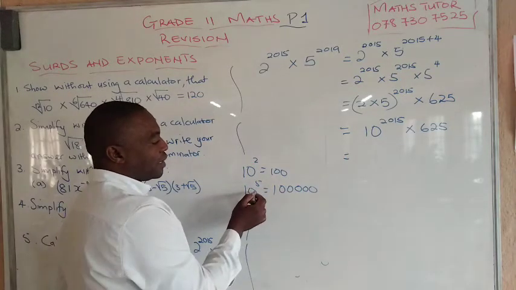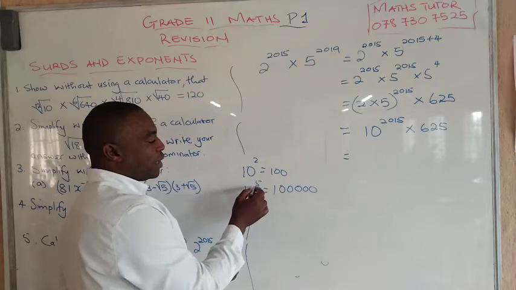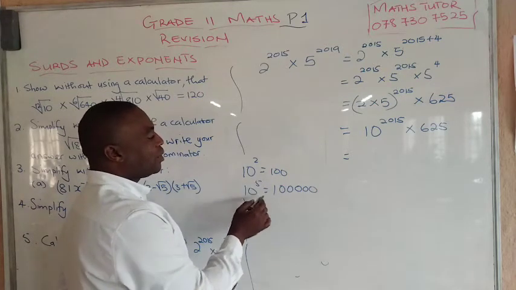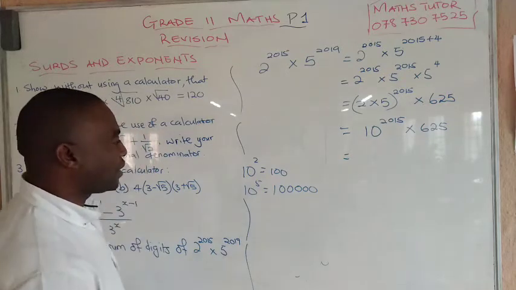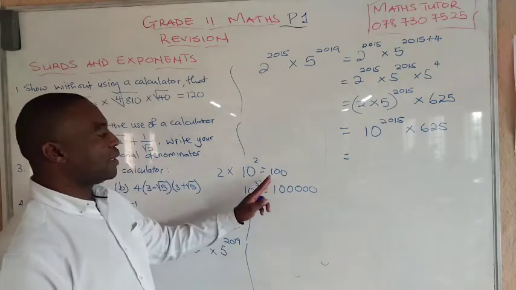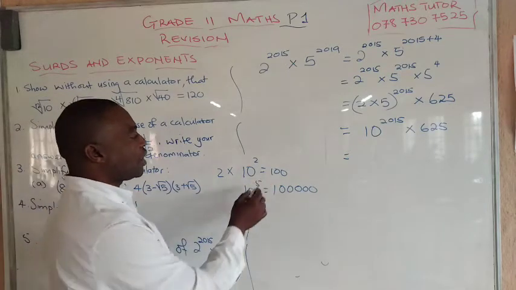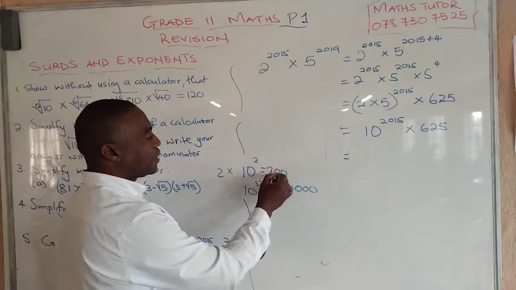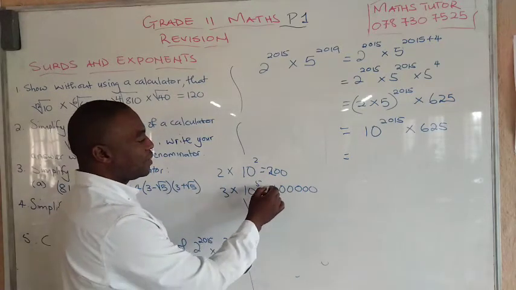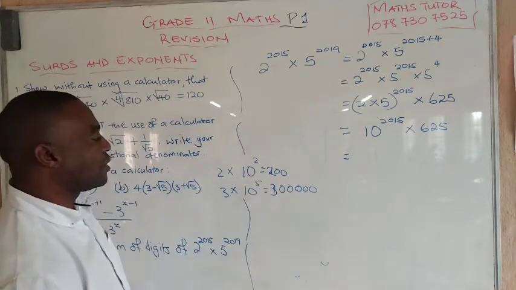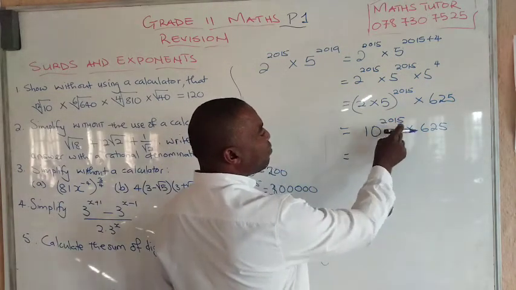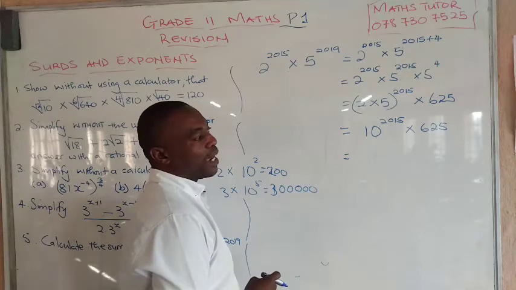So basically, the exponent to which 10 is raised is simply telling us the number of zeros. If we multiply this by 2, it's the digit that will change, that will be 200 instead. Even here, if you multiply by 3, it is this digit that will change. So these are the number of zeros that we are going to have.